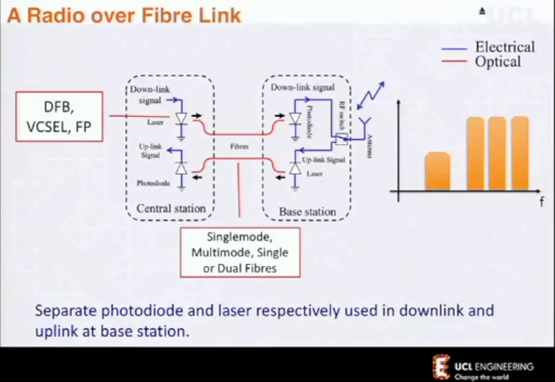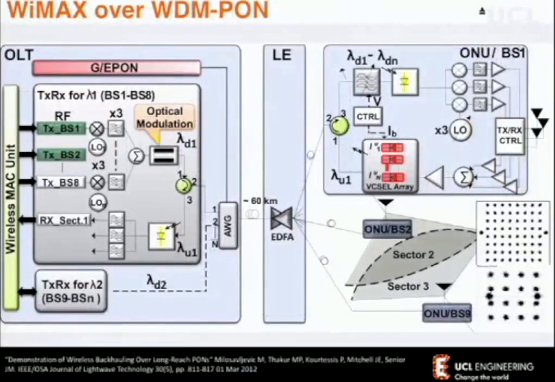It's not quite the same case with analog. And you can do all sorts of other flexible things. This was an experiment we did looking at this for multiple WiMAX signals delivered over what looked rather like a PON network, but with an amplifying front stage, and then a PON distribution with EPON data. And I'll mention at the end some of the advantages and issues if we look at these different types of network and how we might integrate with optical fibre we have already.